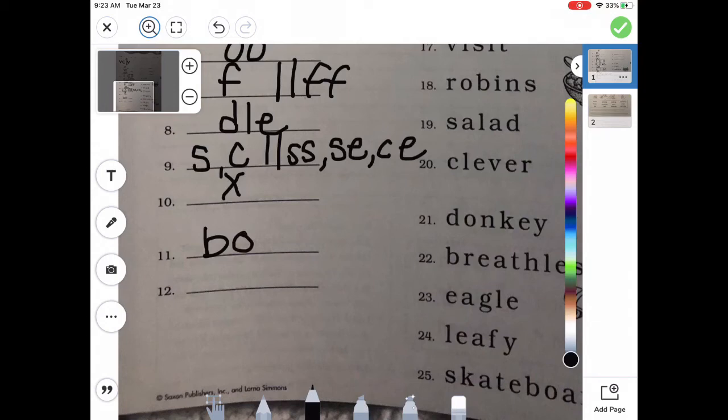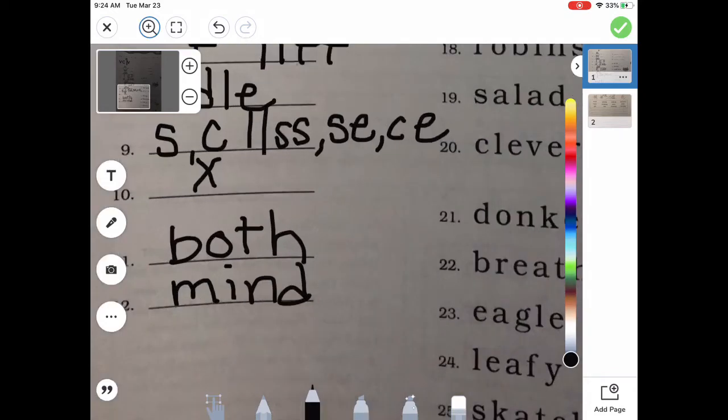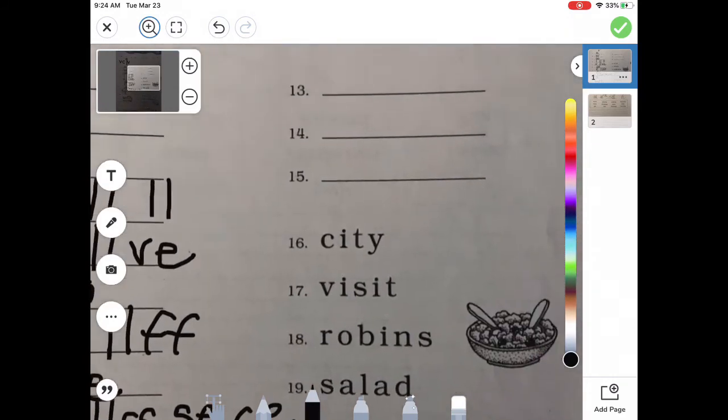And then digraph TH, good job. How about "mind"? I have M, I, and then N, and then D, mind. And both of those words, look, our vowel is in front of a consonant, so it should be short, but it's long. Those are those rule breakers, those wild cat words.